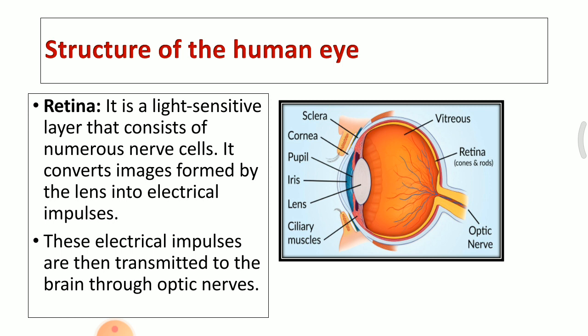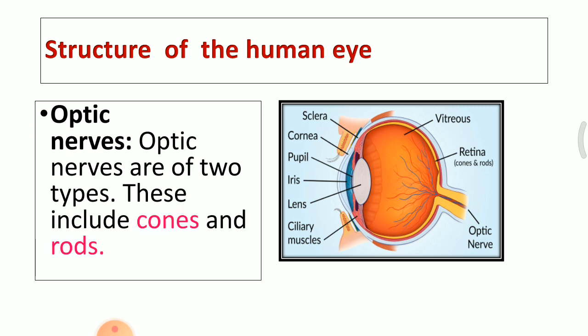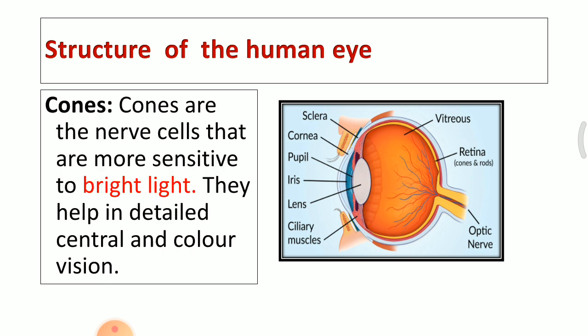These electrical signals are transmitted to the brain through the optic nerve. Where the optic nerve and retina meet at one point, there are no sensory nerve cells. That means there are no rod cells and cone cells. So this spot is called the blind spot.